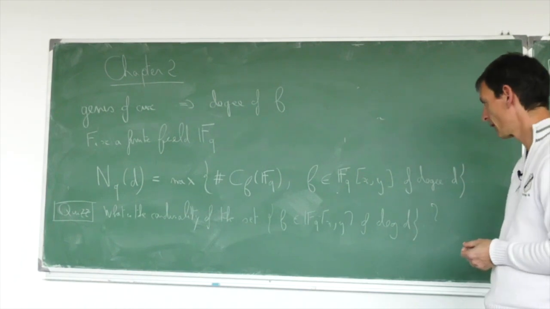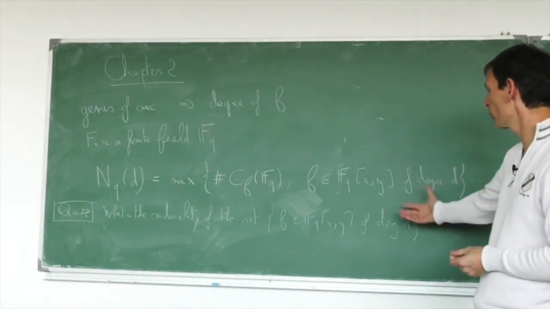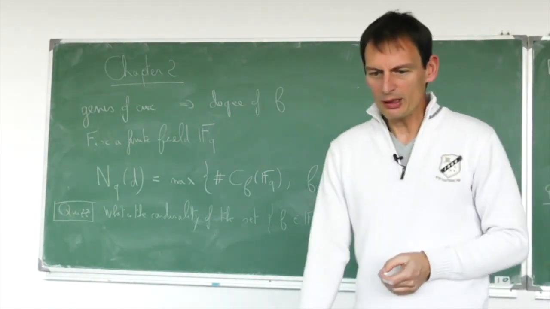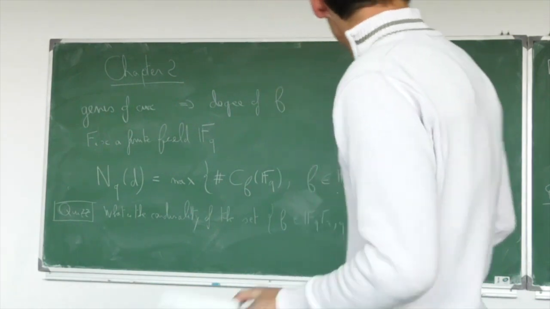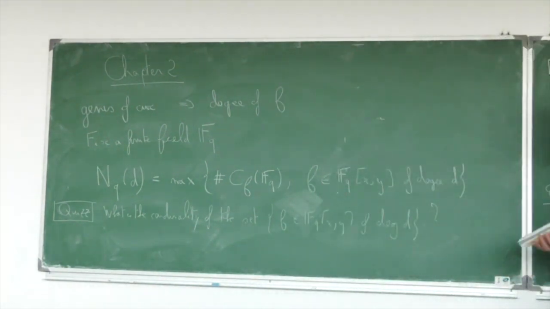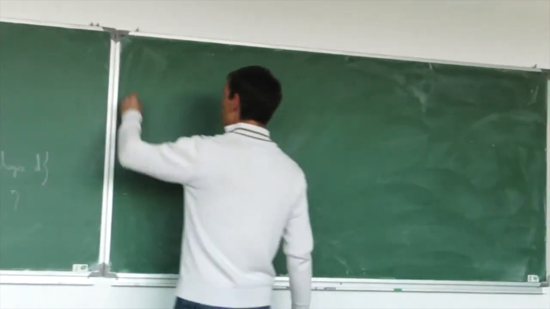Okay? So we have to try to solve this problem in another way. And maybe the best way to start is to solve it for small values of d. Let's try to have some intuition of what is going on for small values of d. Okay, so new quiz.